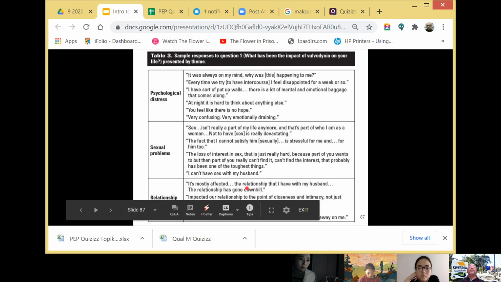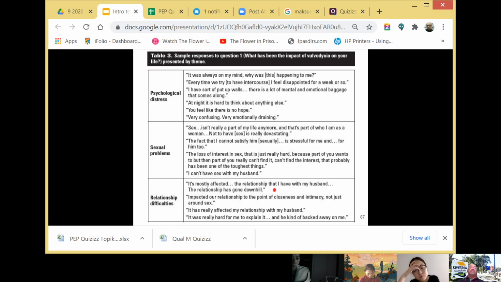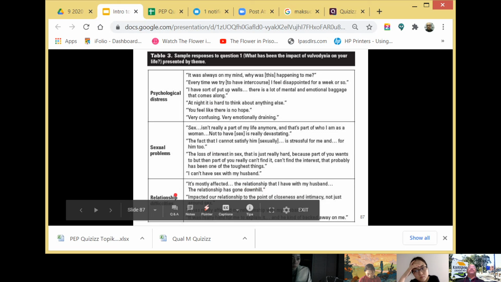"It's mostly affected the relationship that I have with my husband. The relationship has gone downhill." So it's going from bad to worse, go down the hill. So this is to show your theme, relationship.